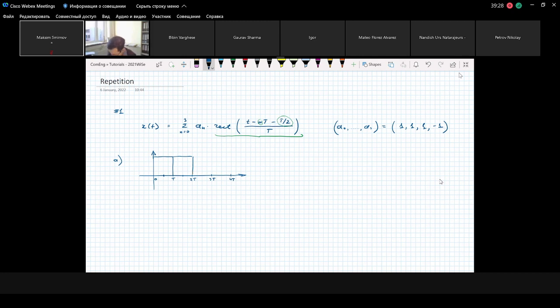So we have the second rectangular pulse, then we can draw the third one, and for the last rectangular pulse we have amplitude minus 1. So this is how our signal would look like. And now we can go to part B.